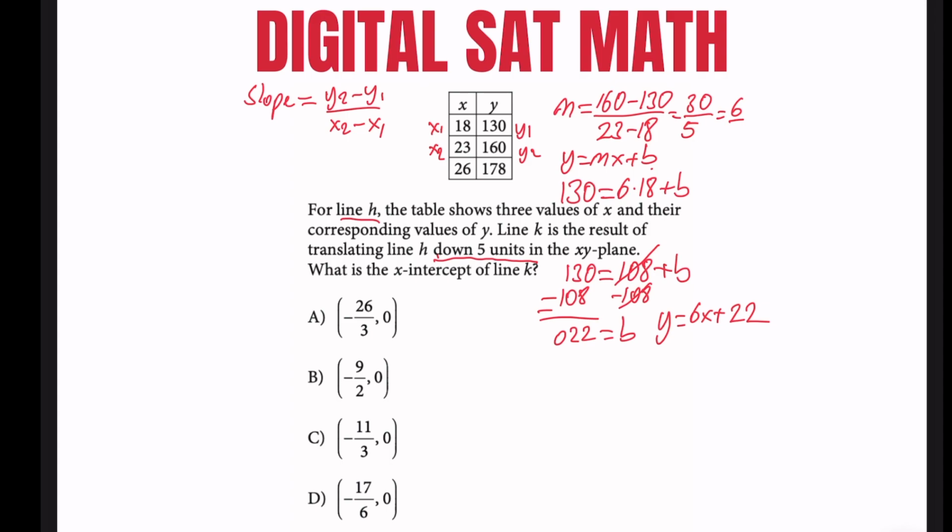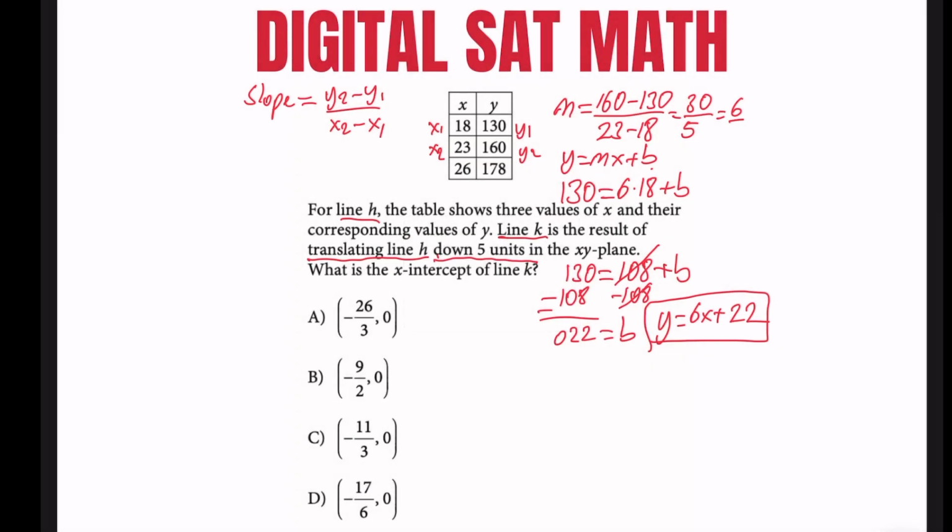In the second part, they're saying that line K is the result. So this is our line H. The equation of the line H is this one. I'm just going to put it in a box. The line K is the result of translating line H down 5 units.